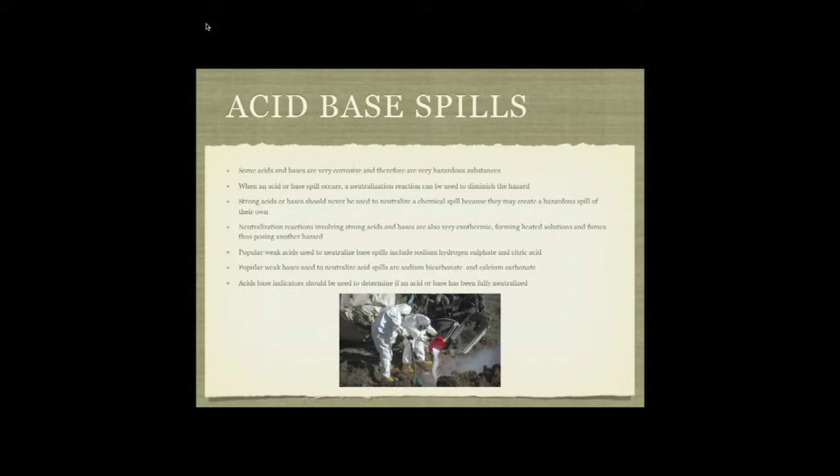Neutralization reactions involving strong acids and bases are also very exothermic, so they form heated solutions and fumes, thus posing another hazard. Popular weak acids used to neutralize base spills include sodium hydrogen sulfate and citric acid. Popular weak bases used to neutralize acid spills are sodium bicarbonate and calcium carbonate. Acid-base indicators should be used to determine if an acid or base has been fully neutralized.